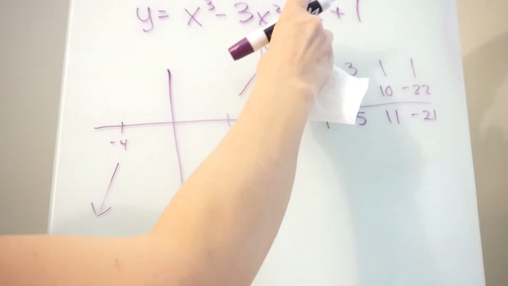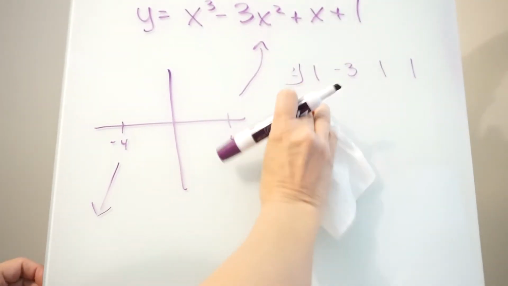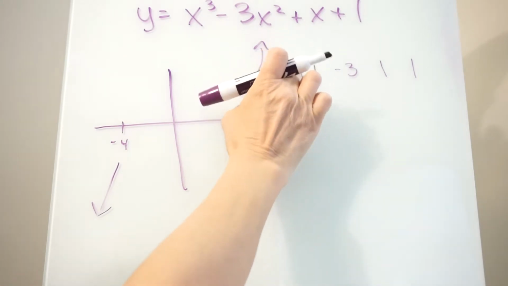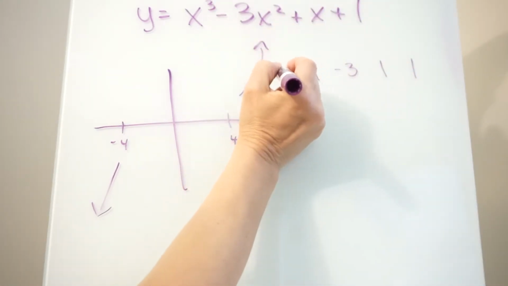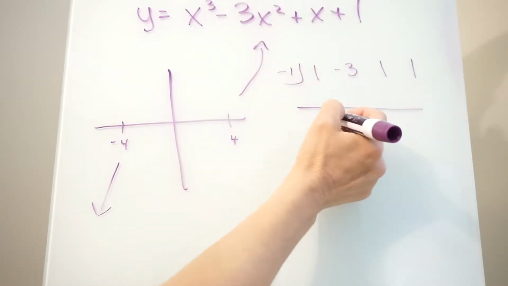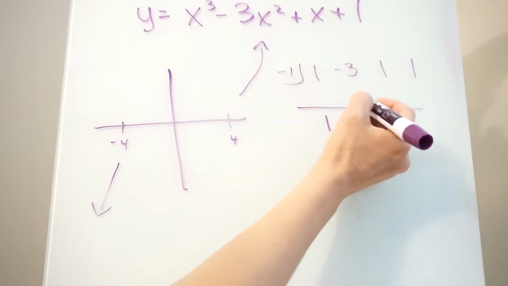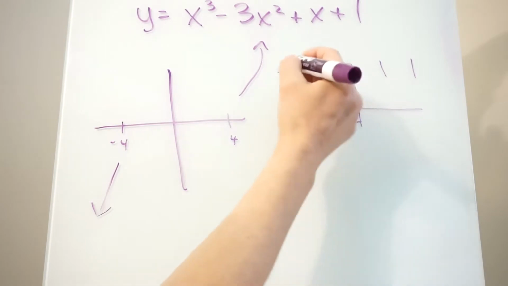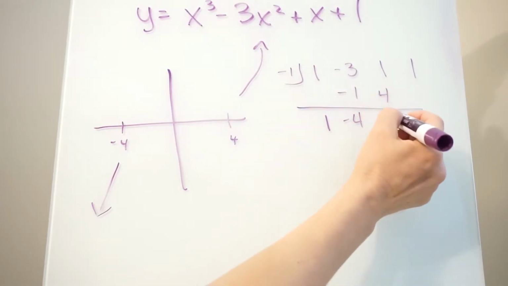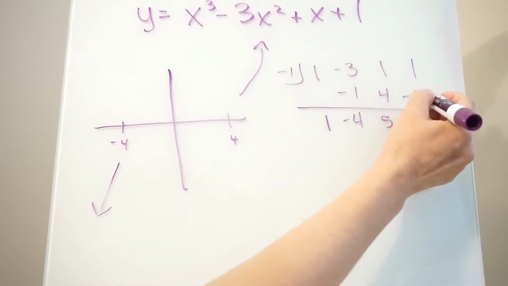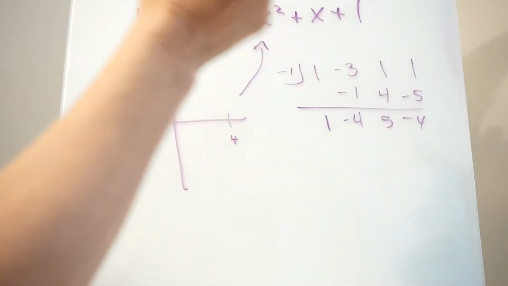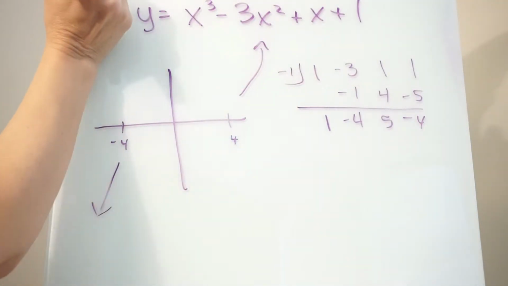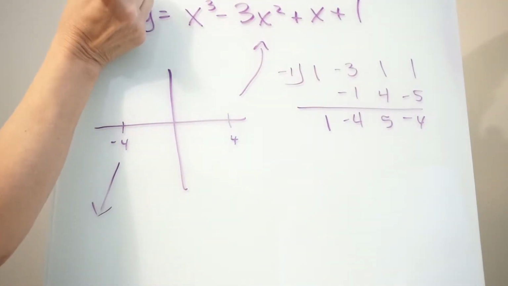Let's try another point. Let's do negative 1. Bring down the 1, multiply this times this, negative 1. We add, multiply, add, multiply, and add. So we have the point negative 1, negative 4.